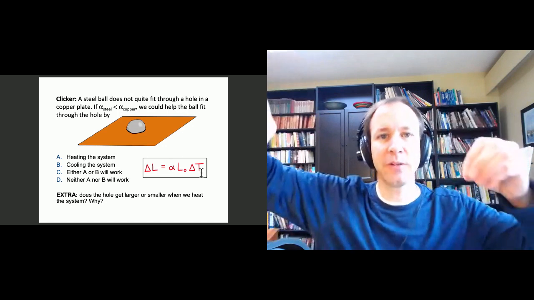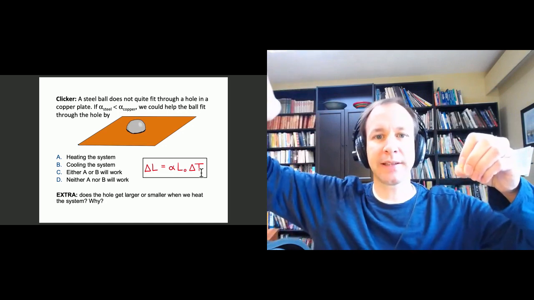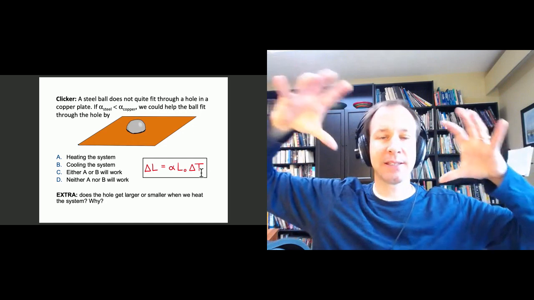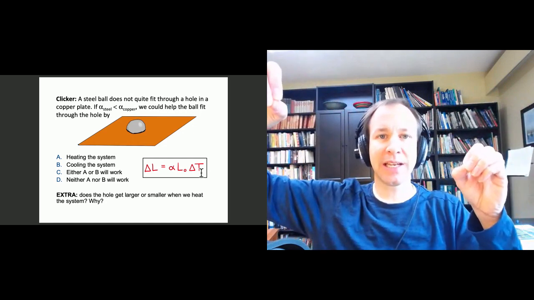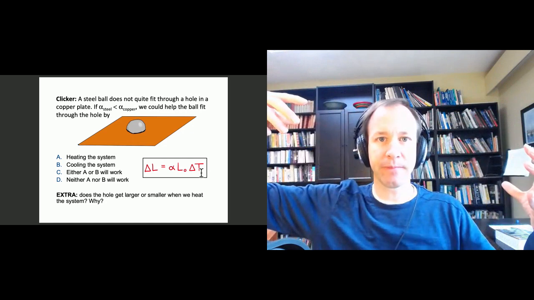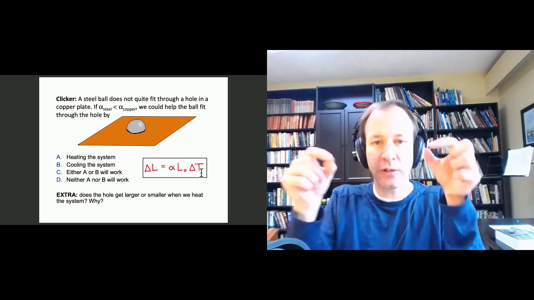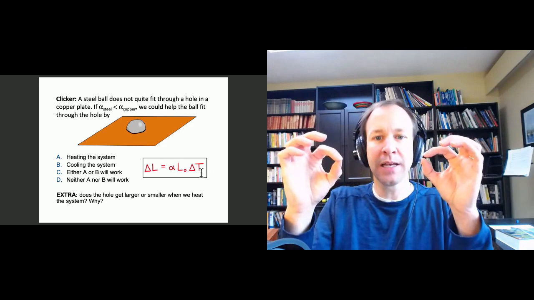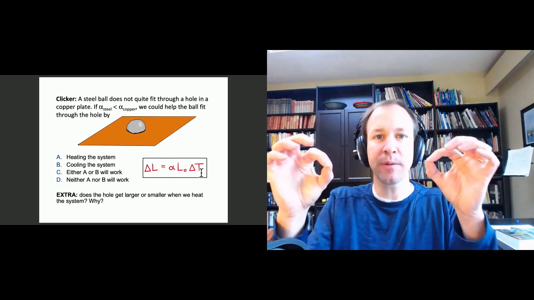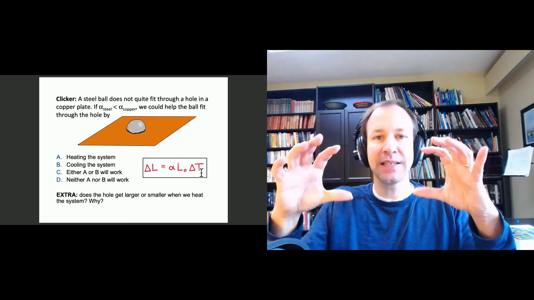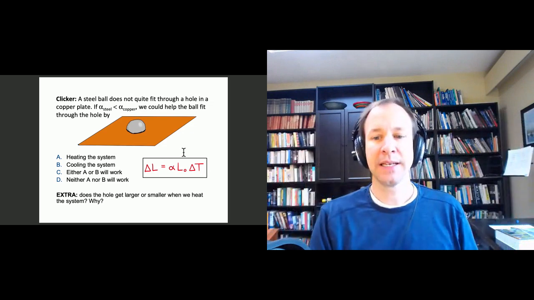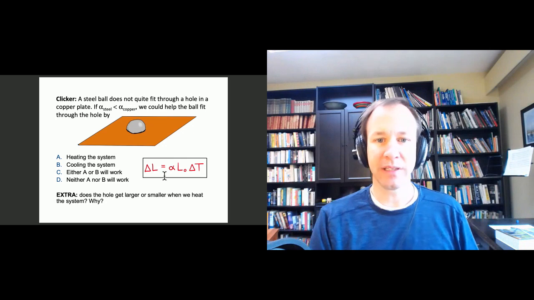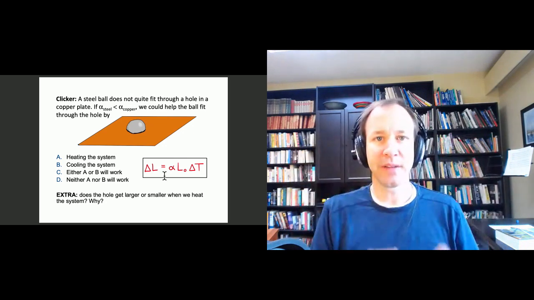You can pick any two points on an object, look at the thermal expansion, and this formula tells you how much that length is going to change as you increase the temperature. It could be the two points at the opposite ends of a hole. Those are two points on your copper plate, and as you heat things up, the change in length between those two points is governed by this formula, just like the two points at either end of the ball.